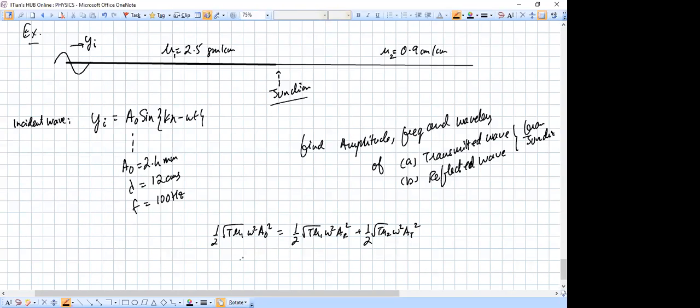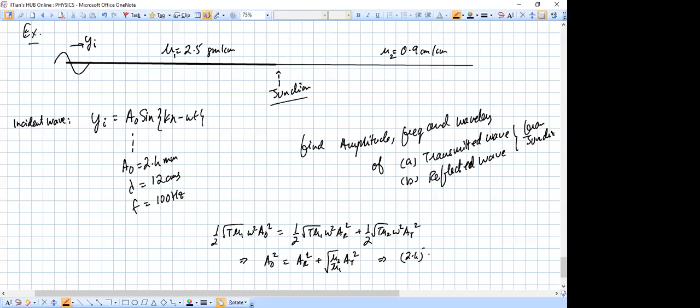So you'll get A naught square is equal to A reflected square plus square root of mu 2 by mu 1 A transmitted square.